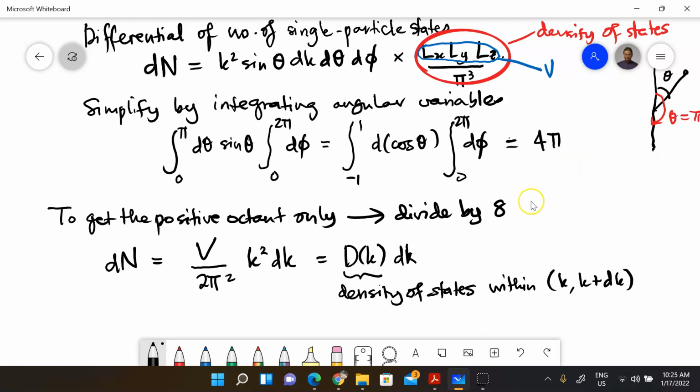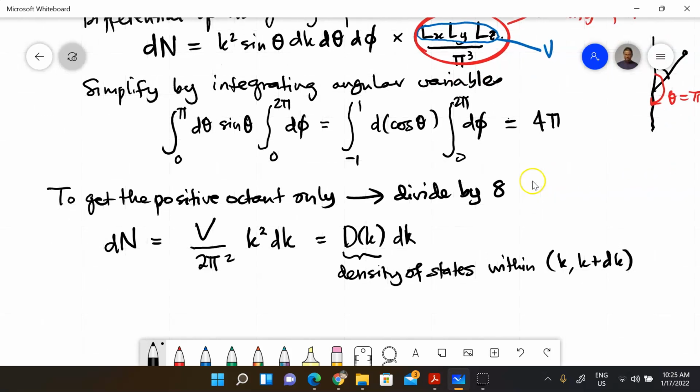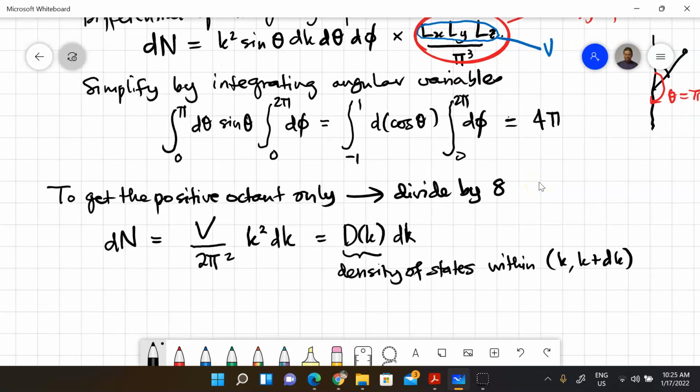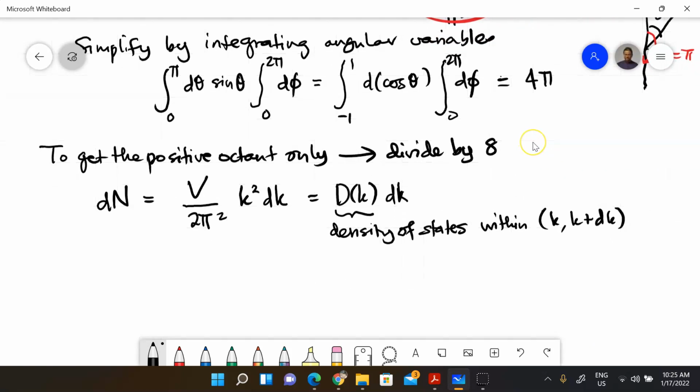So why are we doing this? Essentially, what we wanted to do is to get the partition function.